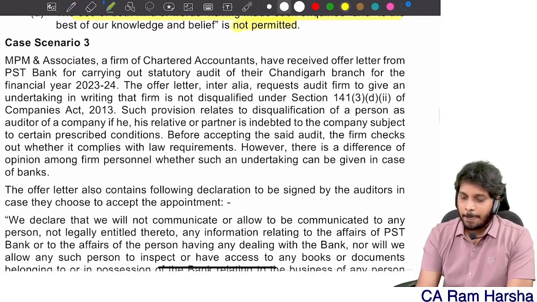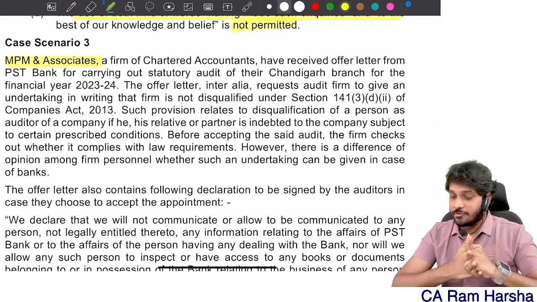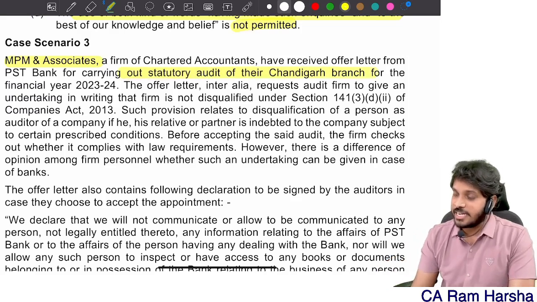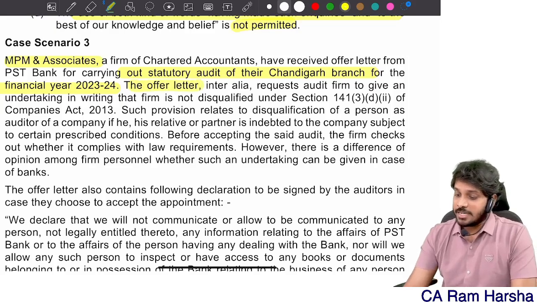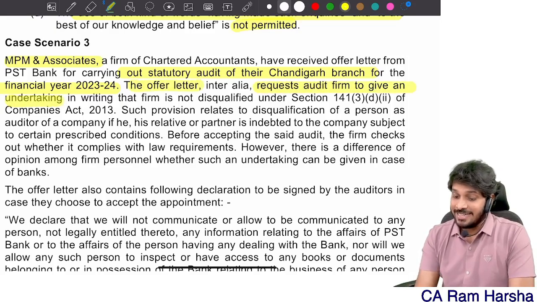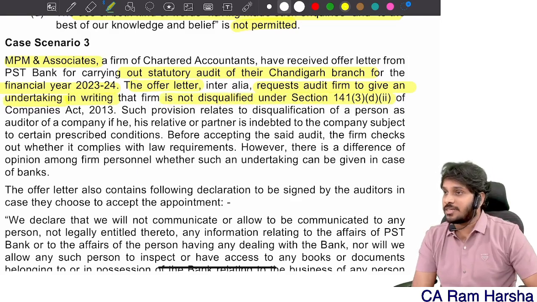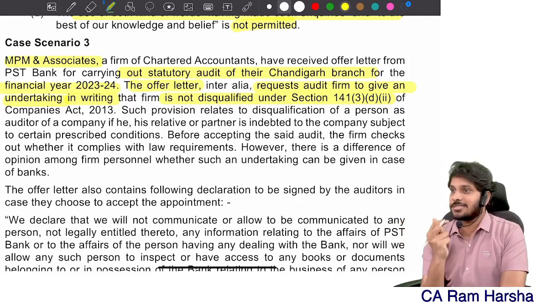Case scenario 3. MPM and Associates, a firm of chartered accountants, have received an offer letter from a bank for carrying out statutory audit of the Chandigarh branch for the year 23-24. The offer letter requests the firm to give an undertaking in writing that the firm is not disqualified under Section 141(3)(d)(ii), which deals with indebtedness.